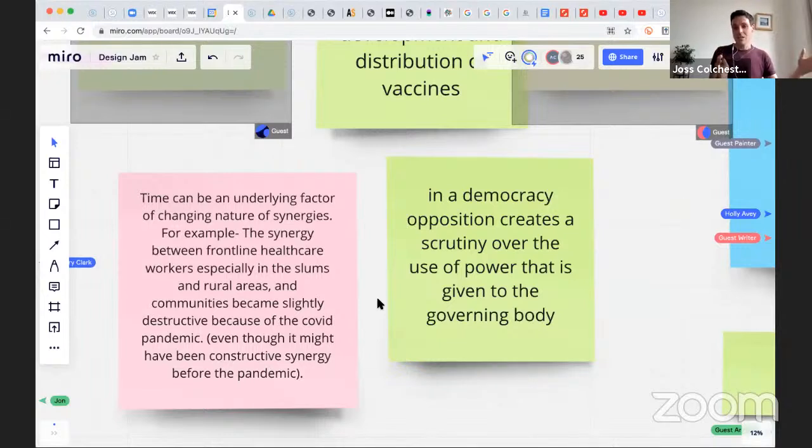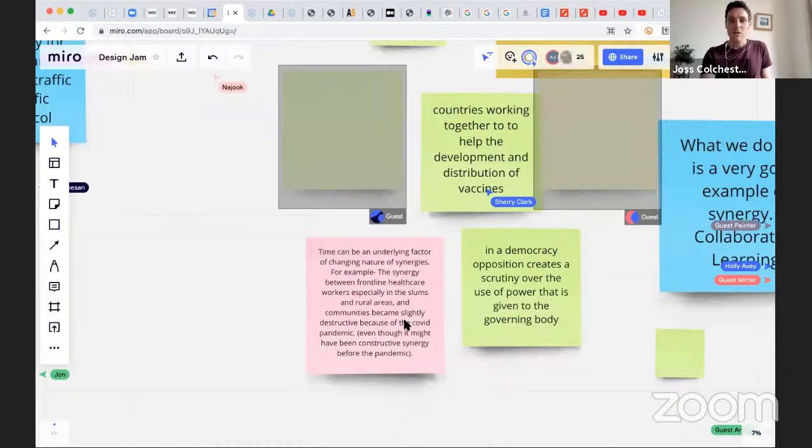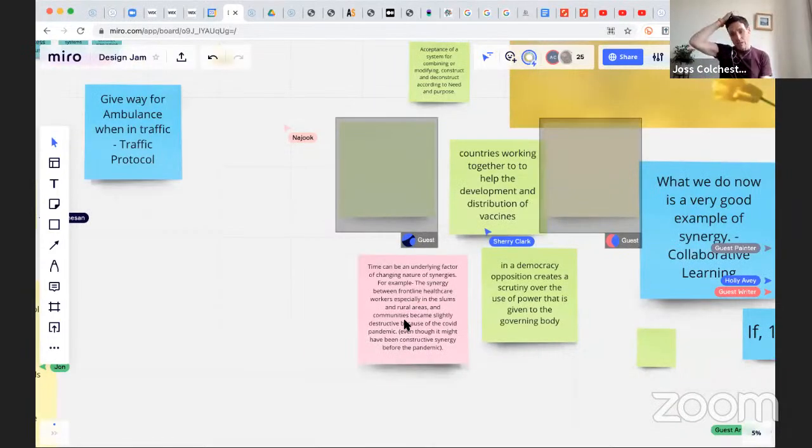If there's a lot of trust between, for example, frontline workers and the communities they're working in, they're going to cooperate a lot to get the best results for everyone. But if there's no trust in that context, you're going to have problems. If there is trust, there's a lot greater potential for synergies. So it's about the kind of context that people are in, not just the specific parts and how they're interacting.